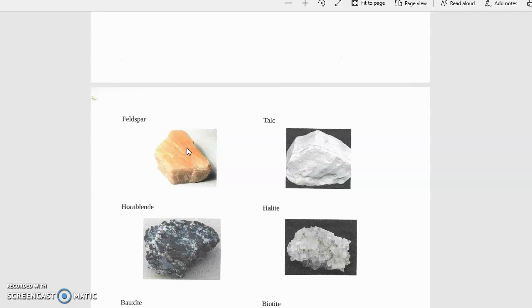Talc now is kind of a whitish or greenish type of material for its color. And the luster is very pearly, very pearly. And the powder is white, and it has the hardness of 1. You rub on this, and you're just going to get some powder off of it, right?